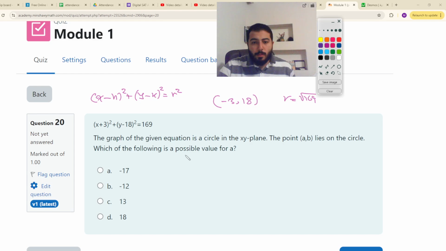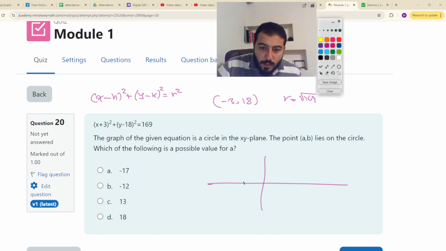Which of the following is a possible value for A? So let's draw this circle. The center is x equal to negative 3 and y equal to 18. And we know that the radius is equal to 13. So if this one is 18, we go down 13, until 18 minus 13, which is 5.